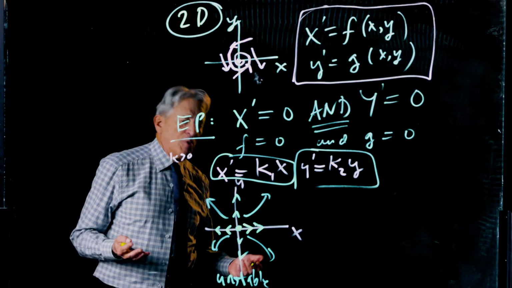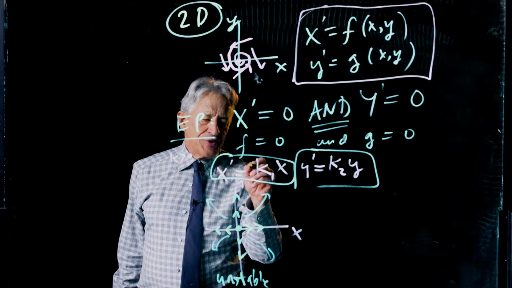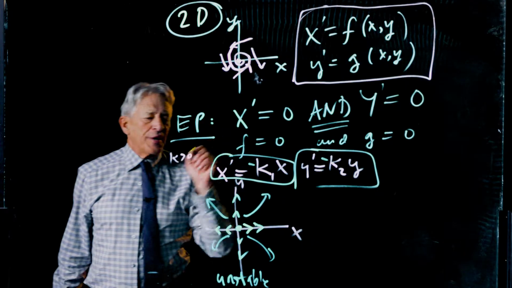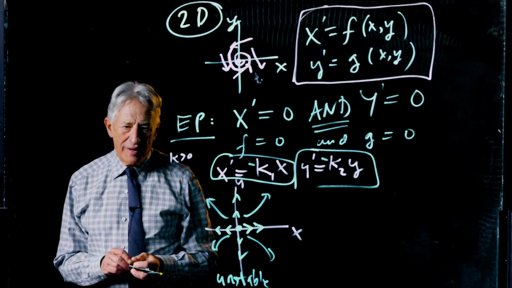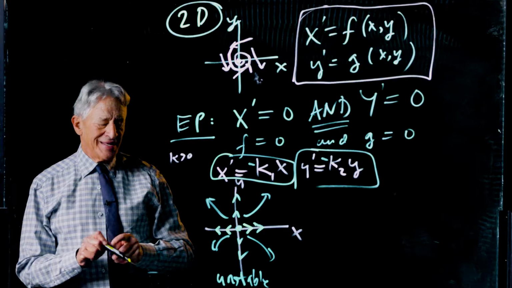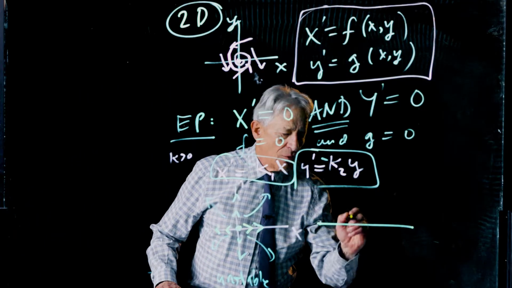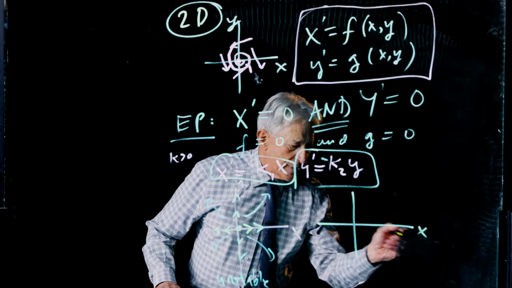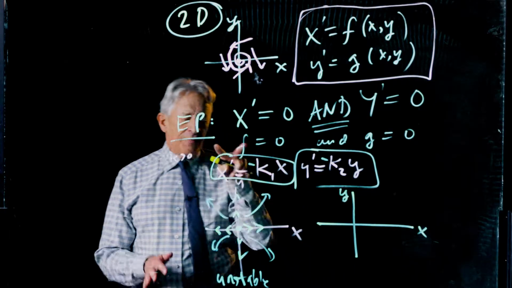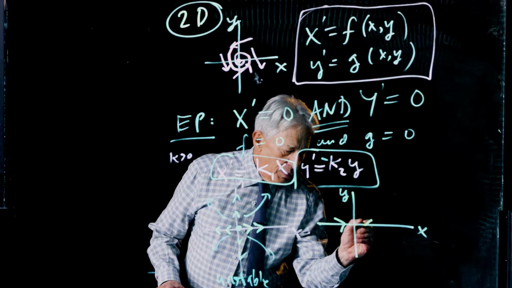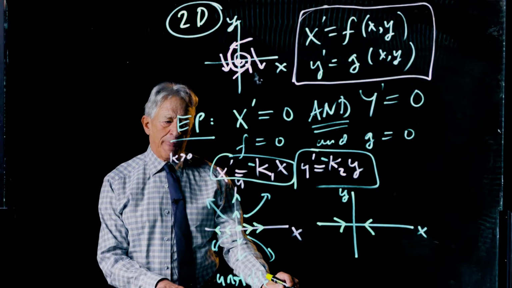Okay, same argument. Let's change the model now. So it's x prime equals minus k1x and y prime equals minus k2y. What is that going to look like? Well, again, here's the xy. In the x dimension, it's a classic stable equilibrium point.